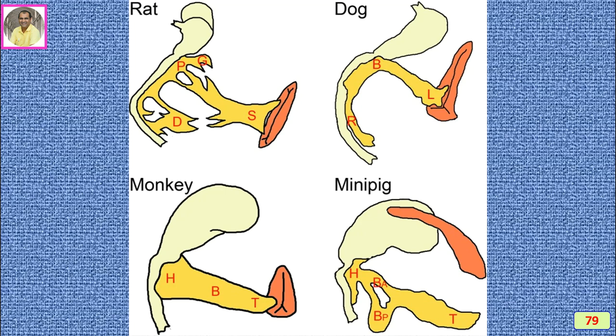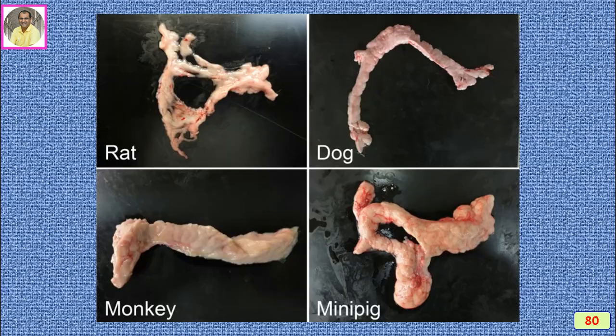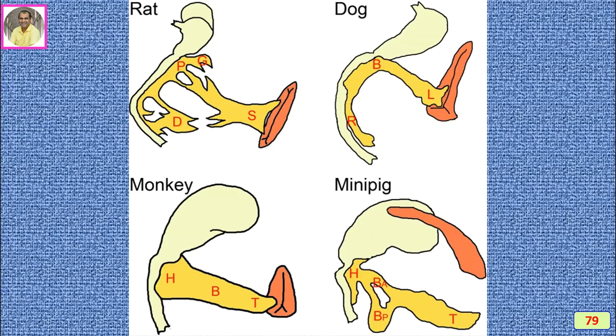If one goes through the structure of the salivary glands, especially in the dog, followed by the rat, then the monkey, and also the mini pig, one will not get confused. The rat cells are depicted here using some structures, and the monkey and mini pig have a lot of difference when compared to the rat as a reference model. Dogs also have a simple structure.